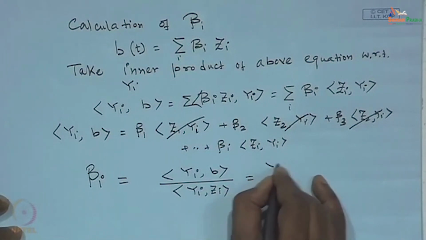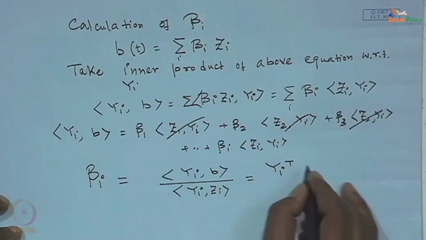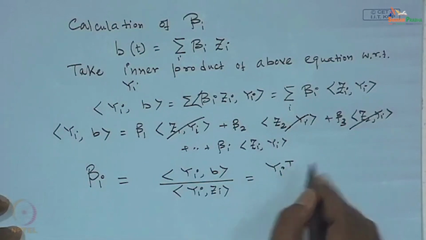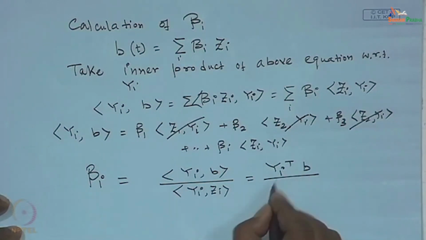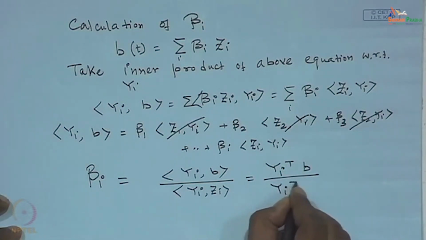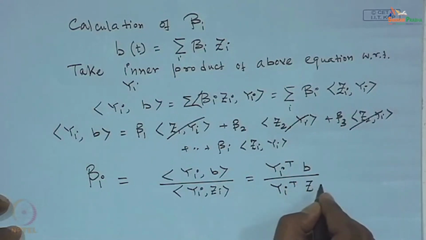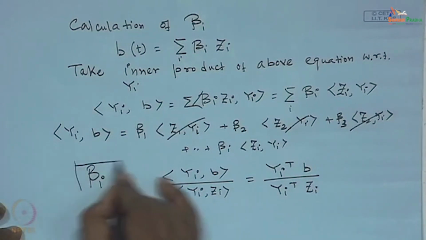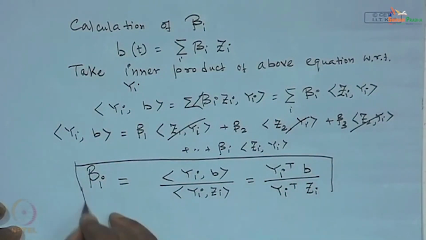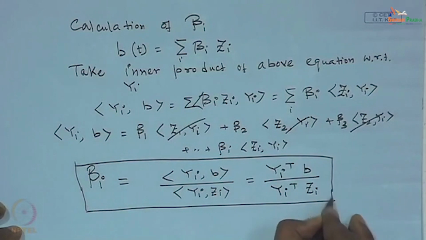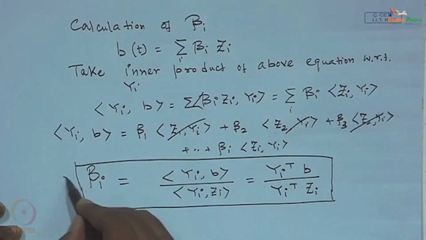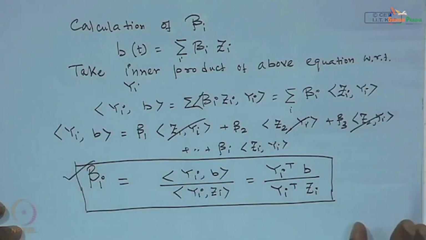So, this will be nothing but the multiplication of y_i transpose and the vector b, divided by the multiplication of y_i transpose and the vector z_i. That is how the coefficients beta_i can be evaluated. So, once you obtain the expression of beta_i and the expression of c_i, then you can construct the complete solution.